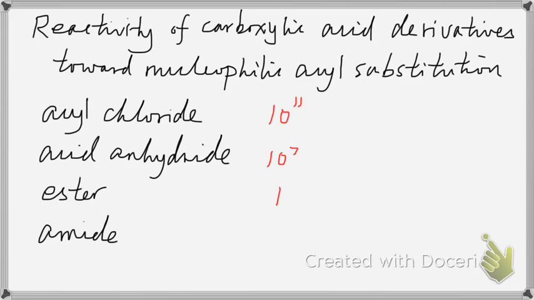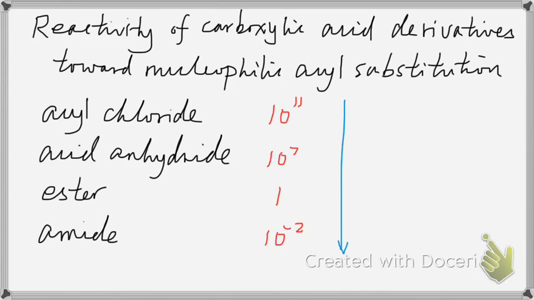For acyl chloride, 10 to the power of 11th. It reacts much faster than the compounds listed below. And for amide, 10 to the power of -2. That's the relative reaction rate.